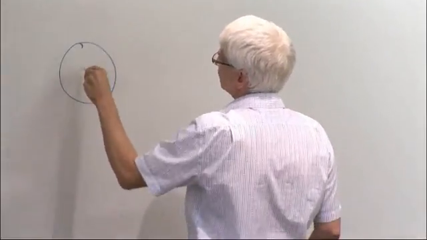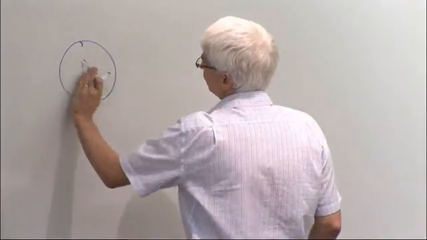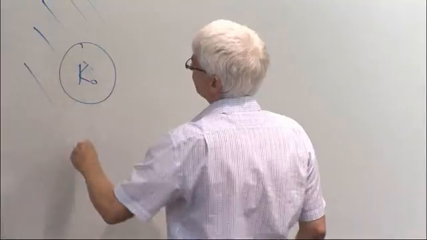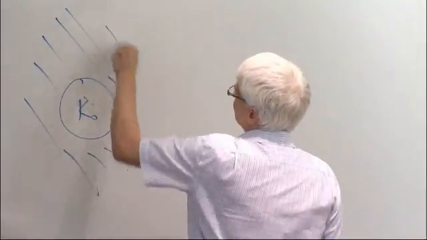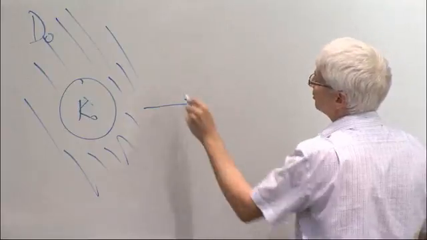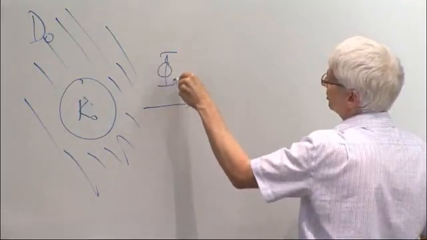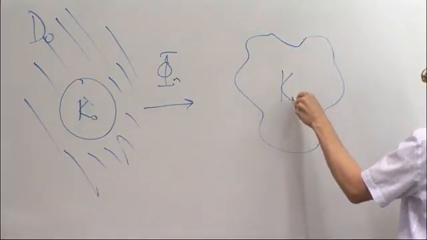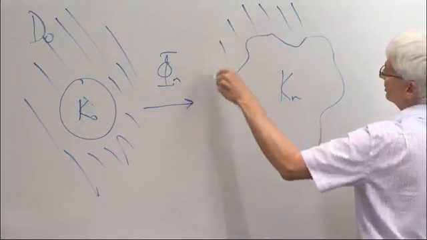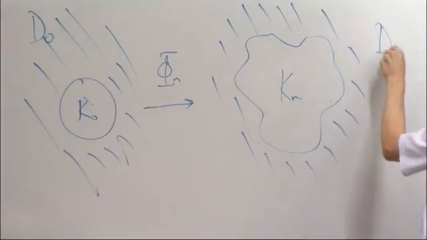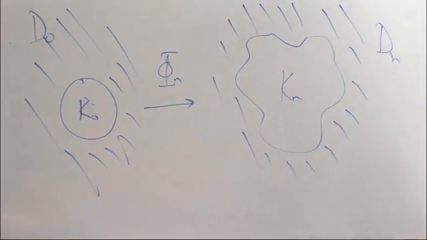So here's K0, the unit disk, and D0 is the complementary domain. It will get mapped by some conformal map to the complementary domain Dn of the cluster at time n.